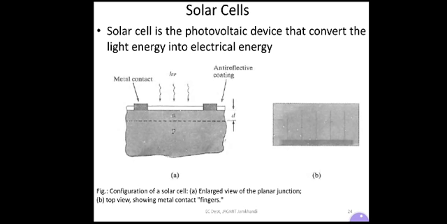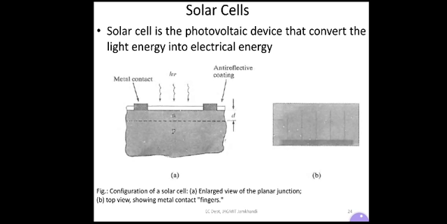The DC current is converted into 240 volt AC current using an inverter for different applications.